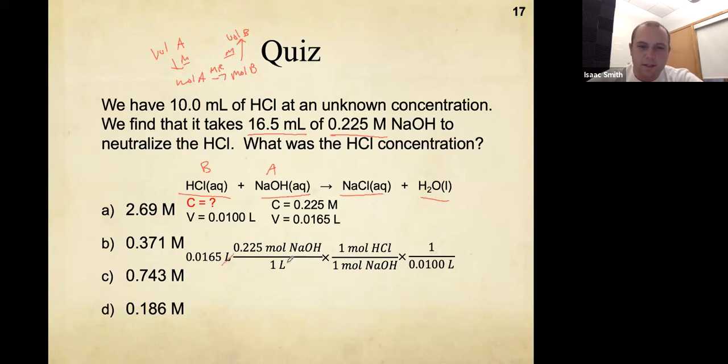So our liters cancel, moles cancel, and we're left with moles of HCl over liters of solution, right? And that's the definition of molarity, basically. So you can see that using your units helps you work through these problems if it doesn't fit perfectly on the math that we use.